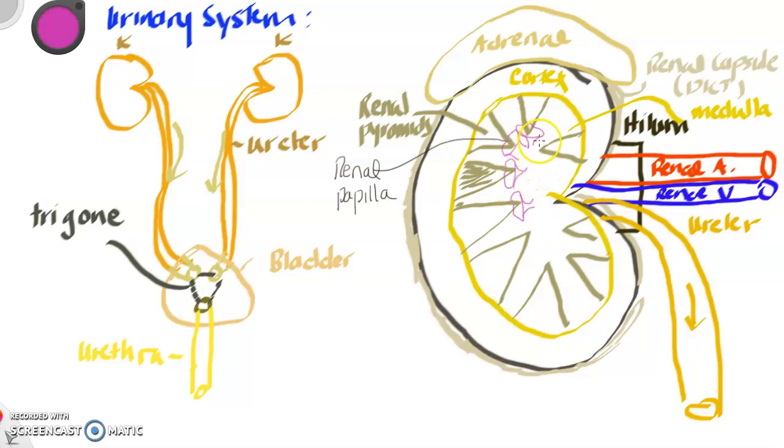And the urine drips into these little funnels, and these little funnel cones have names. It's called a minor calyx. And these minor calyces connect together to form major calyces.